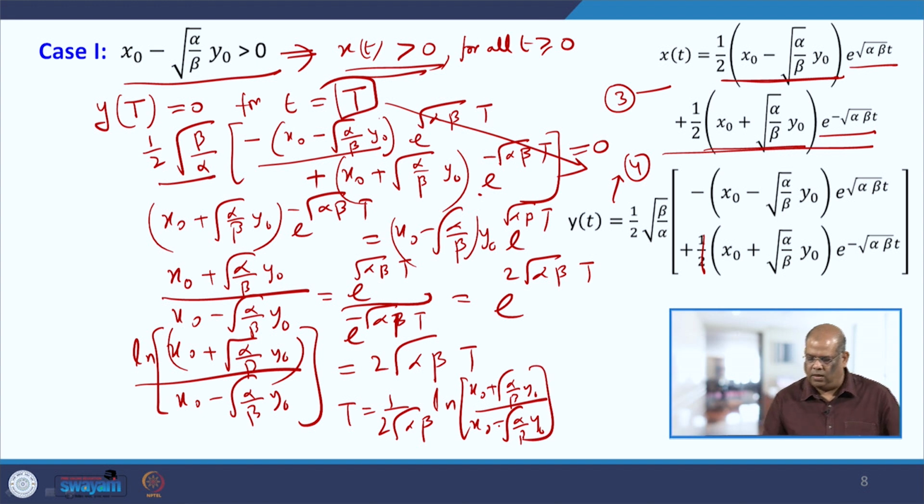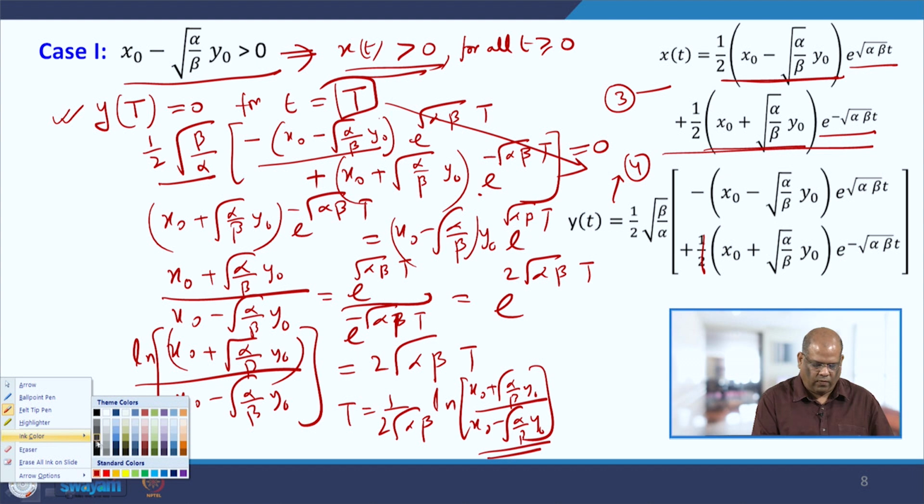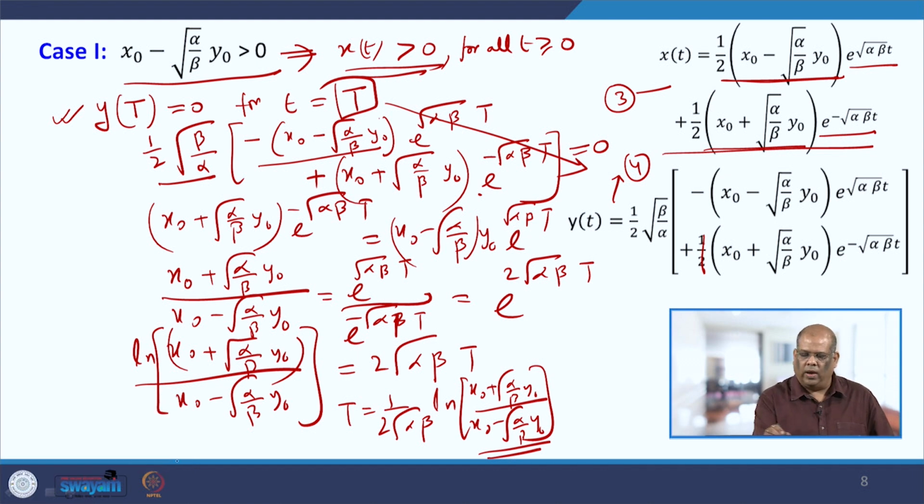So we get a positive time because this value is positive, for which the value of yt can be equal to 0. So the conclusion is that your xt is always positive no matter what the value of t is, and your yt gives a finite capital T for which your yt is 0.